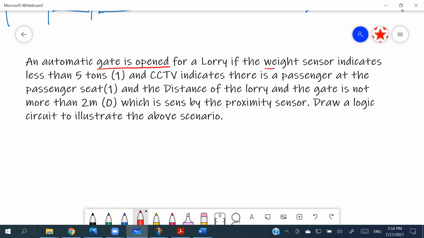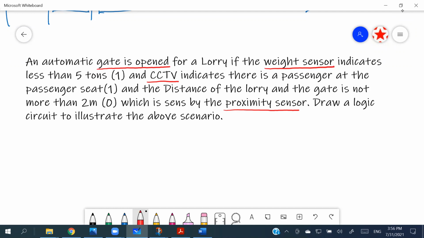Yeah, the weight sensor, CCTV, and proximity sensor. Yes, very good. So weight sensor, then the CCTV, then the proximity sensor, right? So what are the inputs they should give?